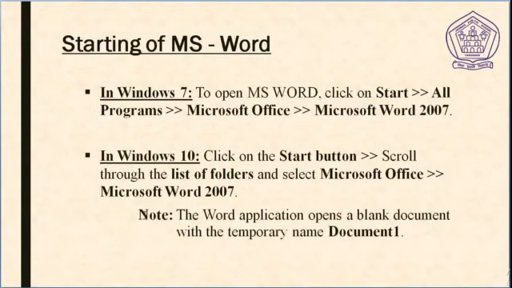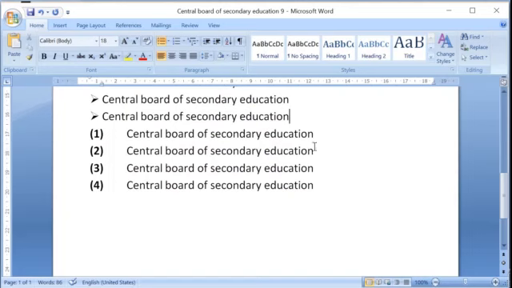Now see here. Note, the Word application opens a blank document with the temporary name document1. Yes, when you open a blank document, the document will be named document1. See here, this is a document. Previously it was written document1, but I saved it as Central Board of Secondary Education 9. Then that name is displayed on the title bar.